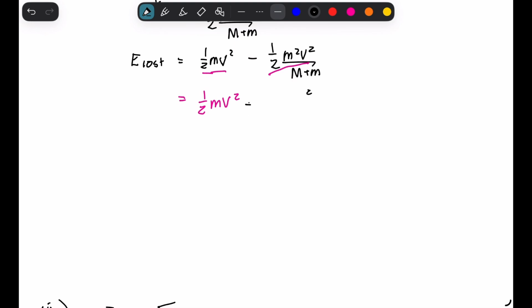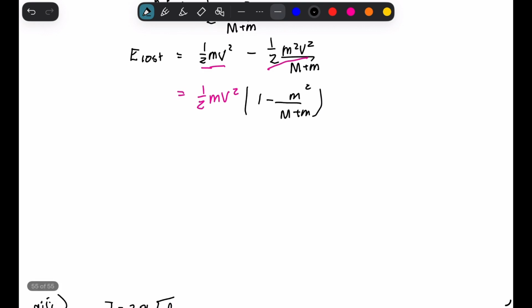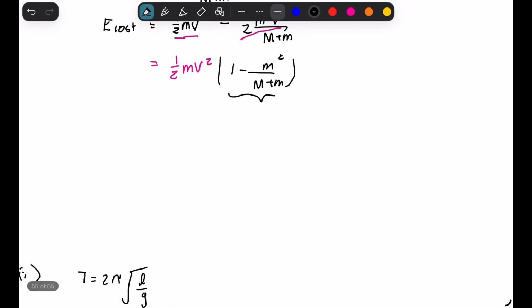We can put this over a common denominator: we can write 1 as (M plus m) over (M plus m), so we have (M plus m minus m) over (M plus m).